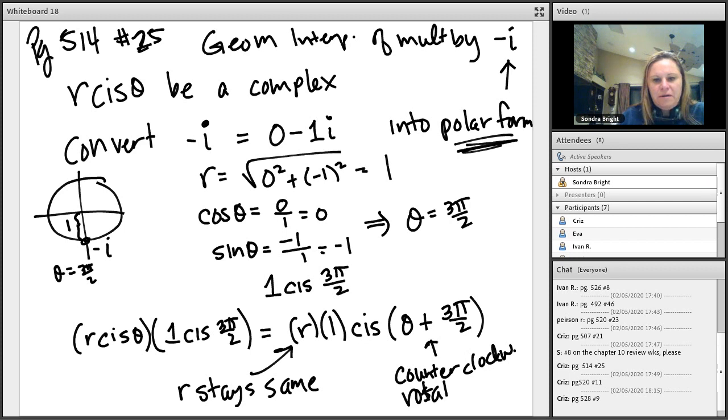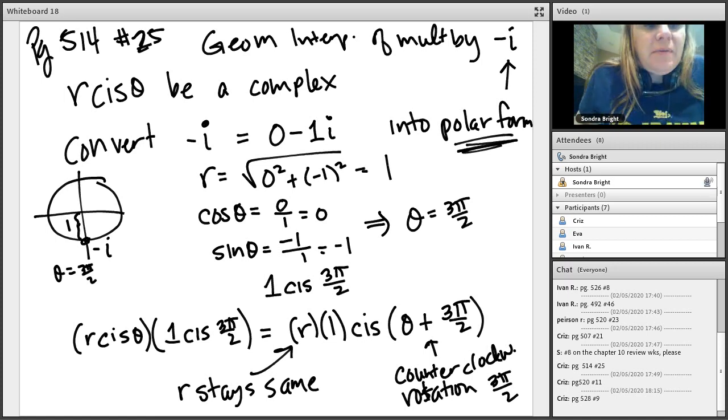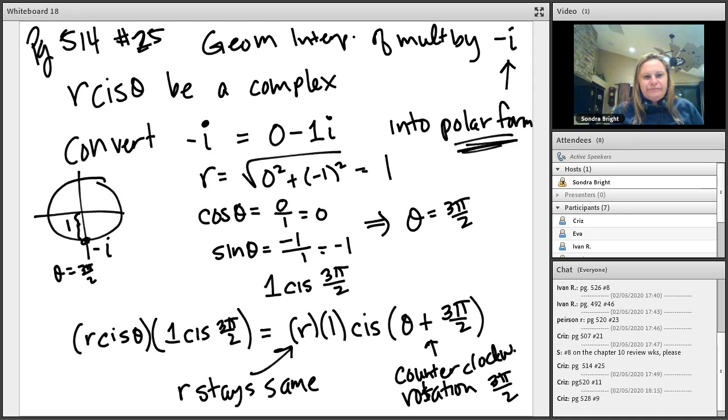Rotation by 3 pi over 2. So whatever your angle is, you would rotate it counterclockwise 3 pi over 2. So if your number started here, it would bring you to there. If you're here, it would bring you to there.